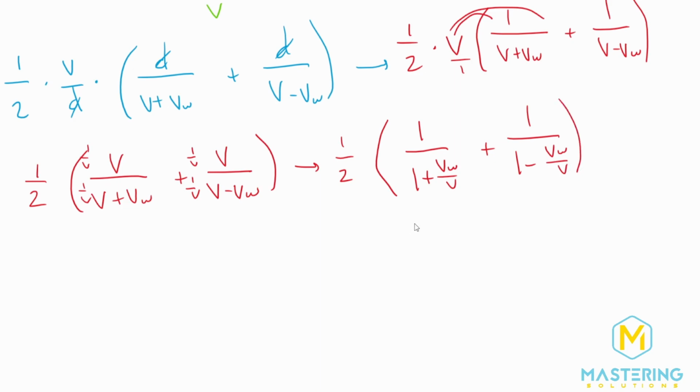As you notice in the equation here, the distance was the same every step, so we were able to simplify that out of the equation. The only thing that mattered was the velocity that we were swimming and the velocity of the current.